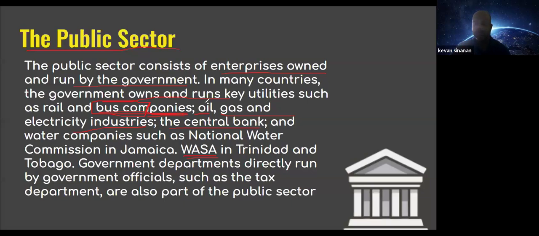Without good roads, we won't have a good economy. So there are many utilities and services that need to be provided by the government, which do not return a profit. Hence, that is where the public sector comes in, and it is run by the government. And then we have hospitals, the same thing.